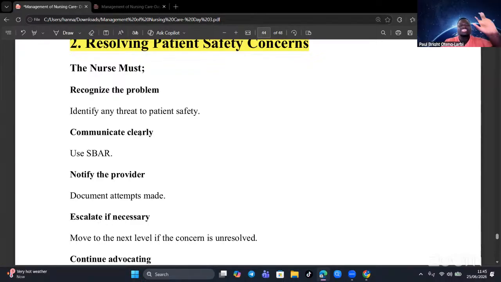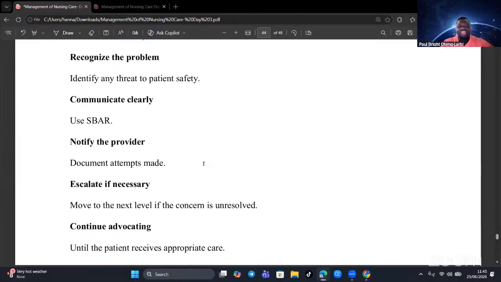You communicate clearly using SBAR. You notify the provider in cases of any patient care issues. Document attempts made when you were contacting the doctor. I called the doctor at 11:46. The doctor didn't answer. The next time I call, I note the time, the date, and the number of times.